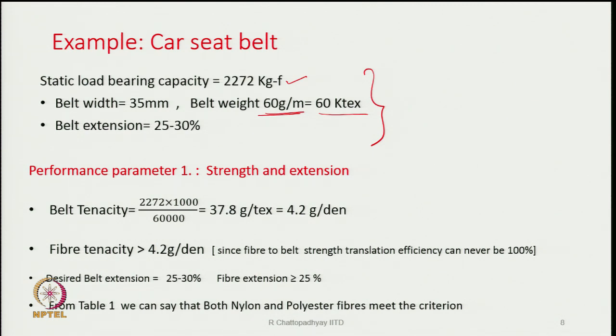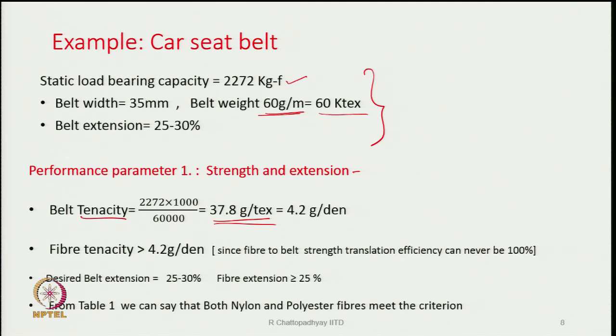So, from the point of view of performance parameters, we have made a very simple calculation for an initial estimation, say strength and extension. The belt strength has been given, this is the required strength. From there, we can work out what is going to be the strength or the tenacity of the belt in terms of gram per tex or gram per denier.